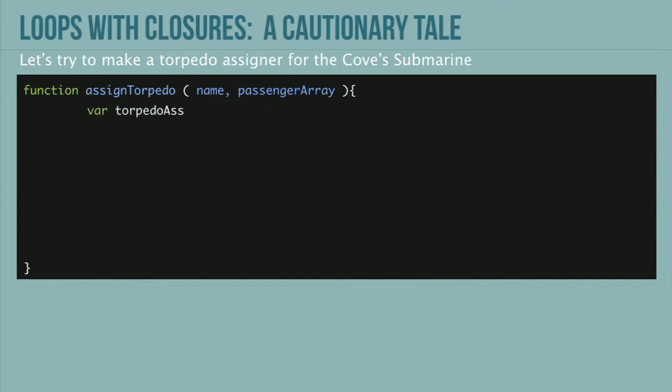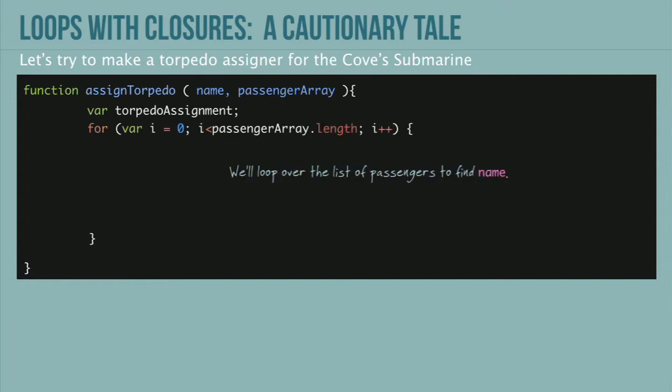We'll establish a torpedo assignment variable that's going to eventually hold our torpedo assignment function. And now we'll build a loop that checks the entire passenger array for the specific passenger that we want to assign a torpedo to.